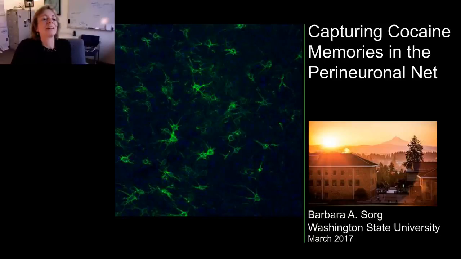Thank you, Susie, and thank you for the opportunity to share the work that we've been doing over the last few years on the role of perineuronal nets in capturing cocaine memories. Nets are shown here in green. These are these beautiful little structures that wrap around just certain neurons within the brain and the spinal cord.